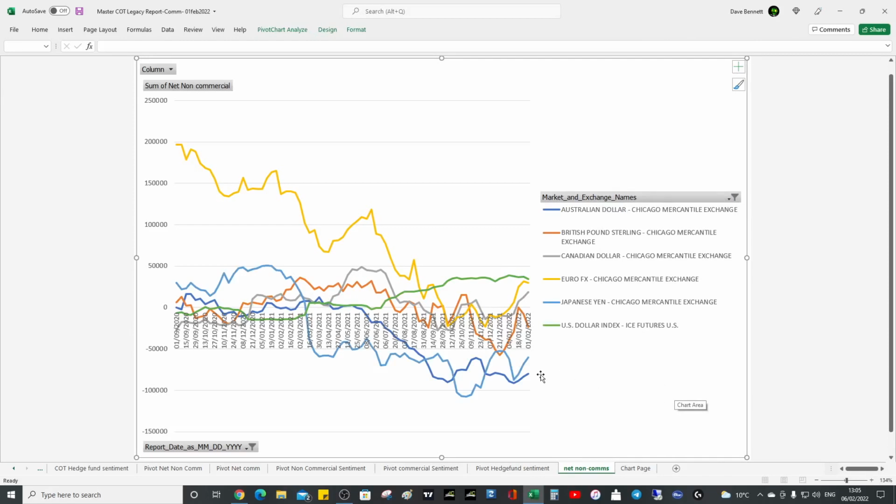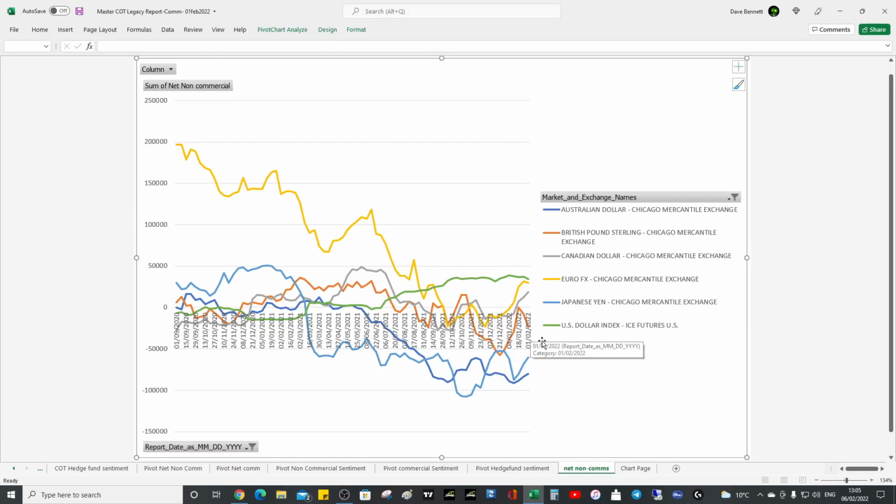Ah, that's interesting. The yen is ticking up quite strongly. So maybe we're going to get a pound yen sell signal here. Can you see how the pound's pointing down and the yen's pointing up? If they continue that way, it could be a good one. Could be a good short pound yen.